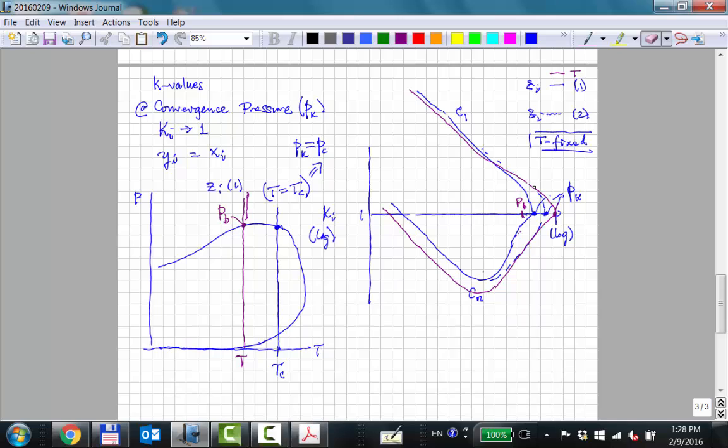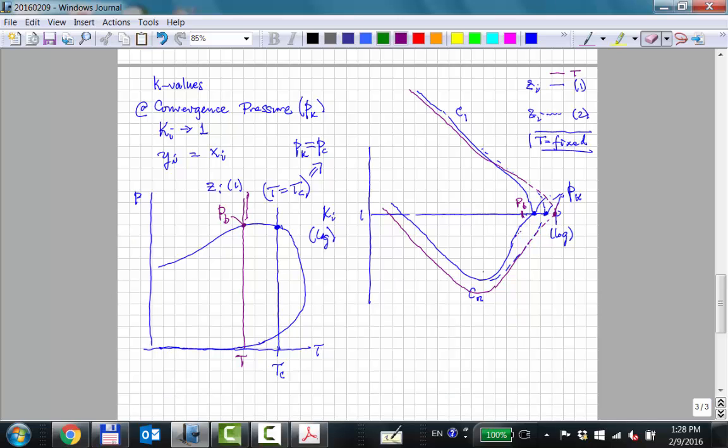So this is Curtis's fantasy, that there's a convergence pressure out here. Beyond the bubble point, we don't have two phases. So how can you get a Ki and a Xi and Y to say that the convergence pressure is out there? Physically, you can't measure it.